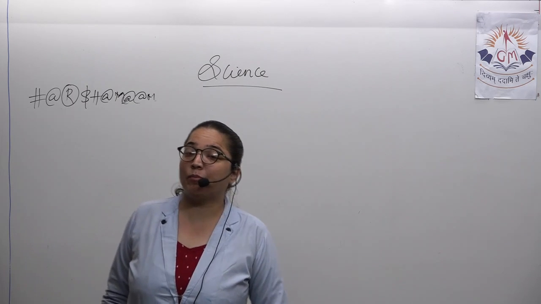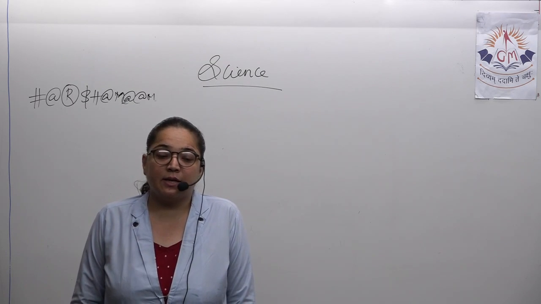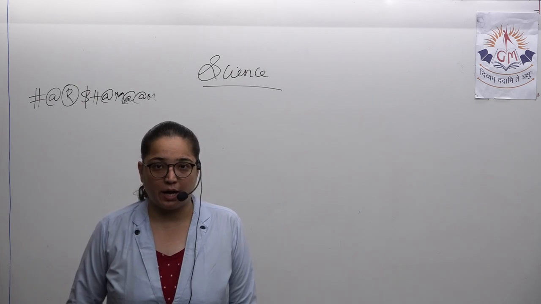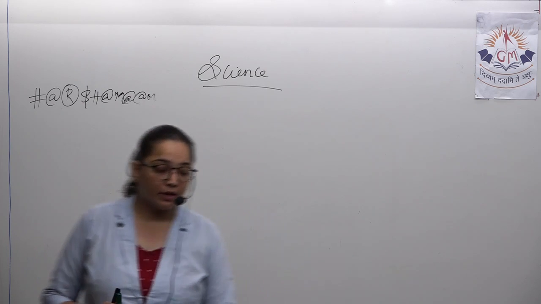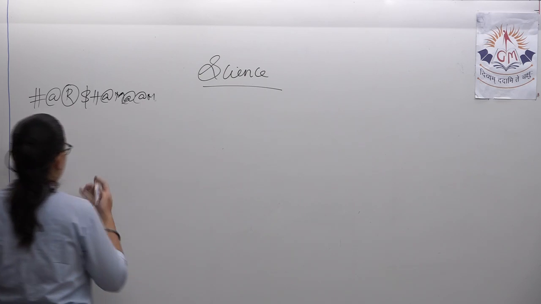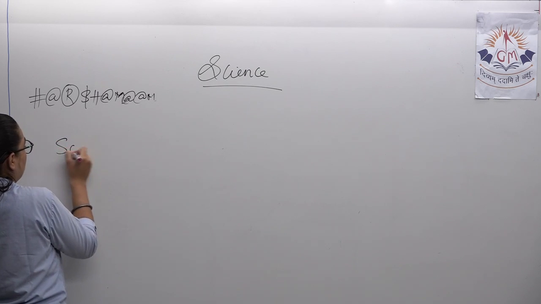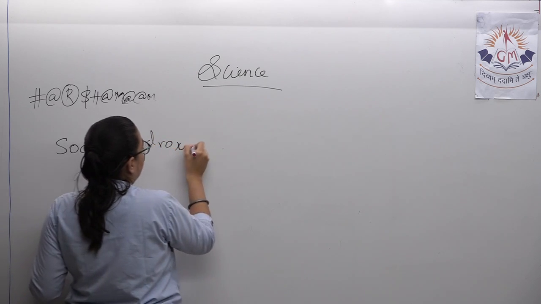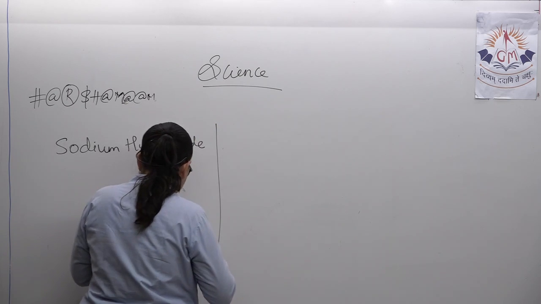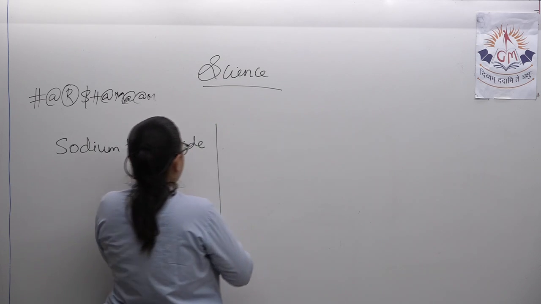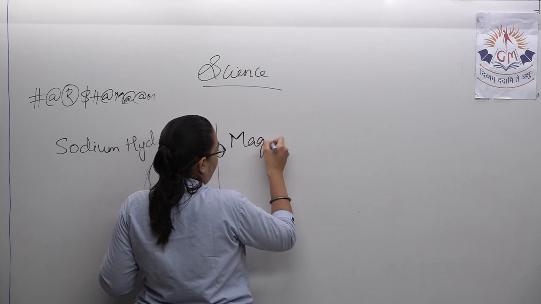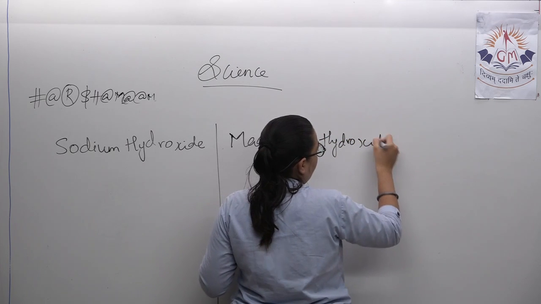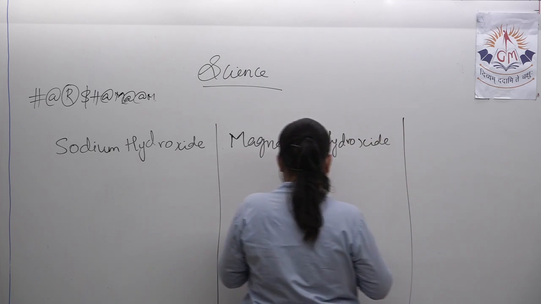Generally, what is the way to write polyatomic ions? Whenever there are polyatomic ions, the problem is the valency, as they have their own numbers. For example, sodium hydroxide, then magnesium hydroxide, aluminium hydroxide.